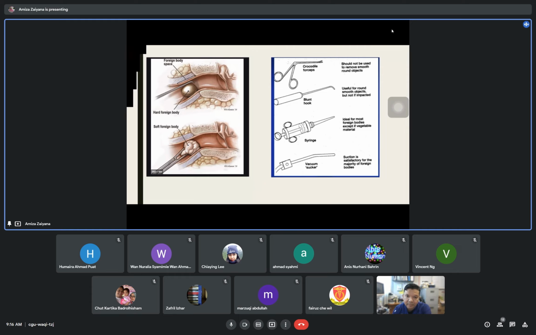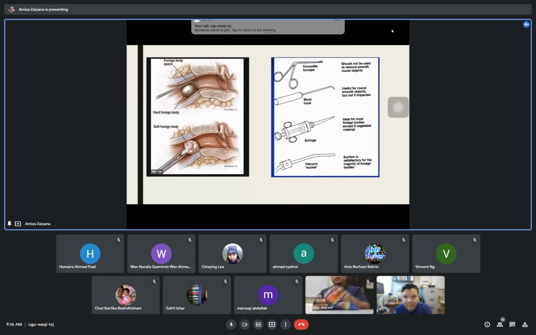We also have syringe. Ours might not be the same as the picture, but it is ideal for most foreign bodies except vegetable material. Also preferably use vacuum suction, which is useful for the majority of the foreign bodies.